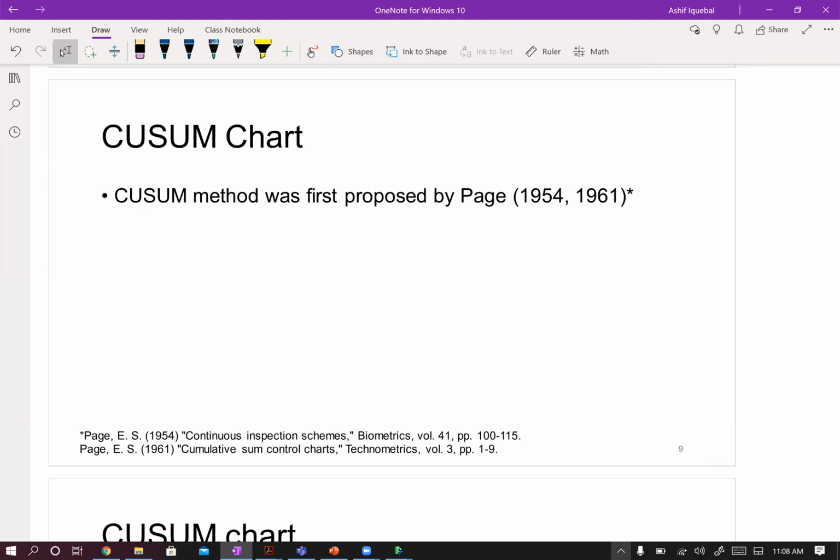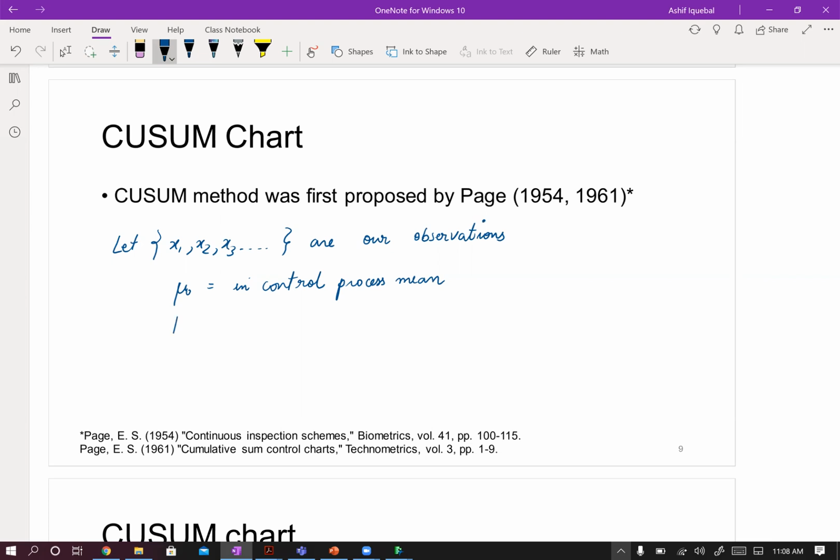So to study the CUSUM chart, let's set up some variables here. Let's say x1, x2, x3, ... these are our observations. Let's say mu naught is the in control process mean.